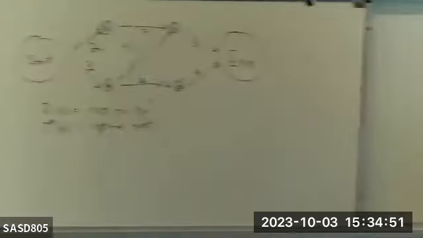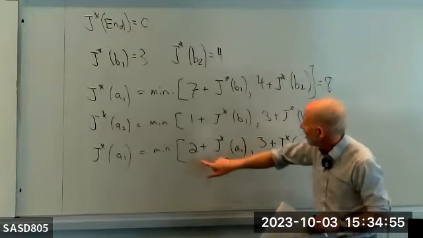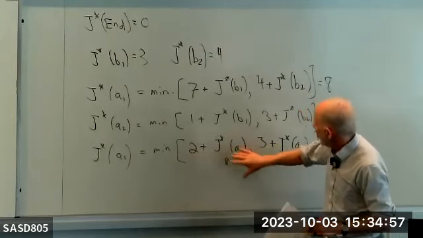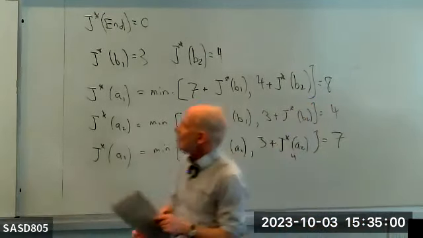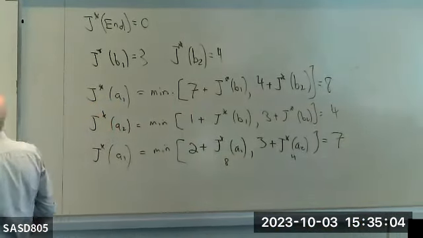Okay, so the step that's not obvious is that it was sufficient to write 2 plus the best route. The reason this is the case comes from something Bellman called the principle of optimality.